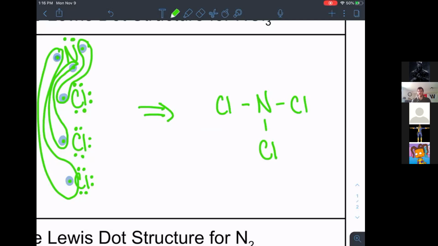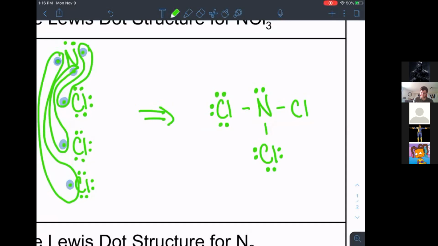Am I done? Now put the other bonds. Got to bring the rest of the lone pairs back on. So 2 on nitrogen and 6 on my chlorines. Now am I done?